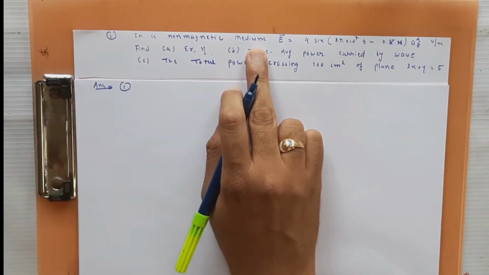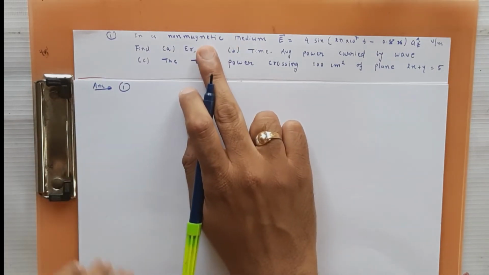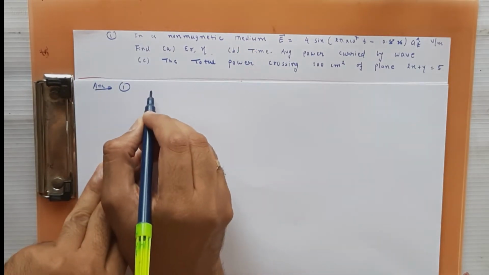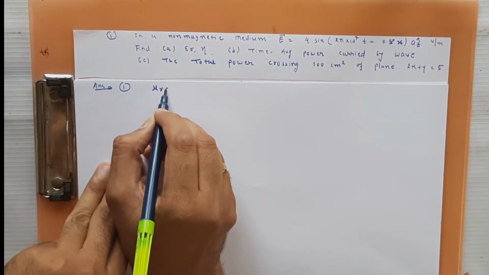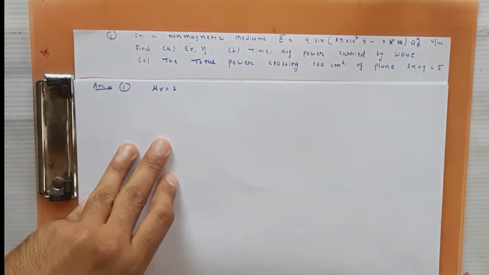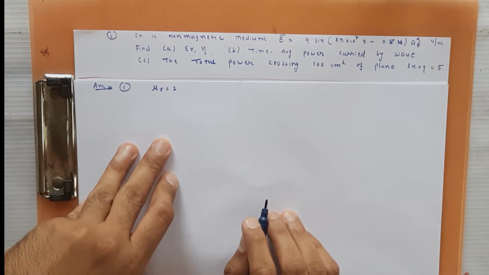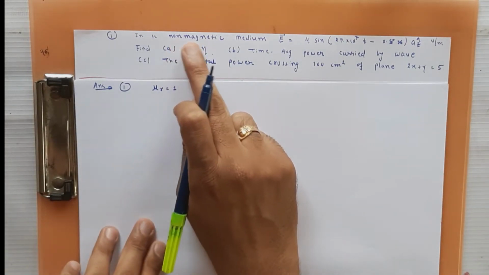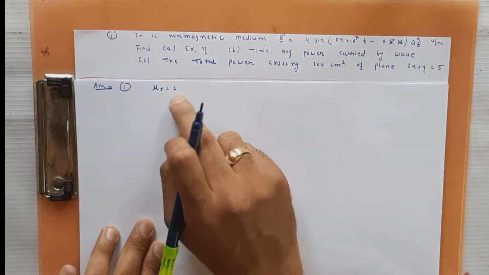In a non-magnetic medium, it is given that the medium is non-magnetic, which indicates that the relative permeability mu r is 1. Suppose instead of non-magnetic it was given as non-electric medium, then epsilon r would be equal to 1.